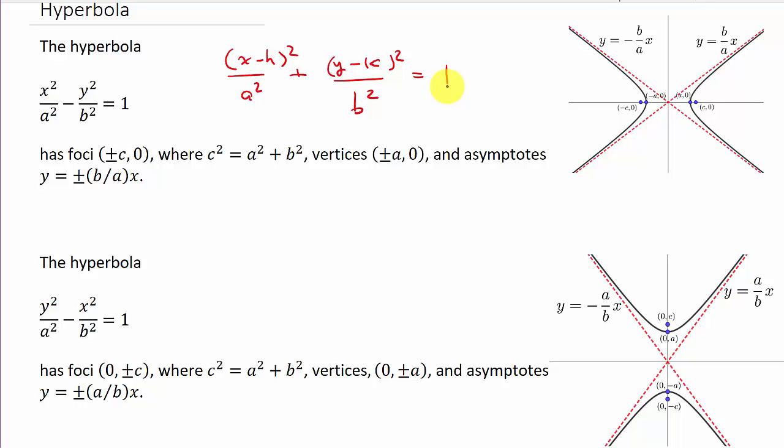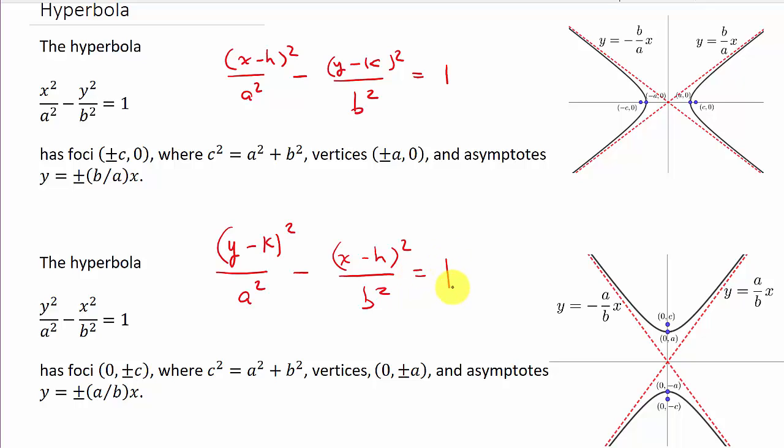And then the other way that it would shift, if this was written as y minus k squared over a squared, and I know I wrote plus up here, that should be minus, that should be x minus h squared over b squared equals 1.